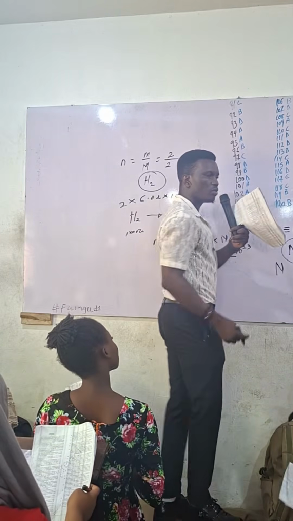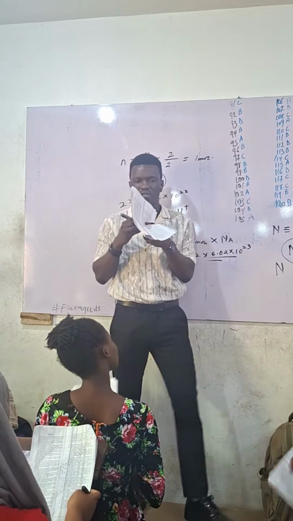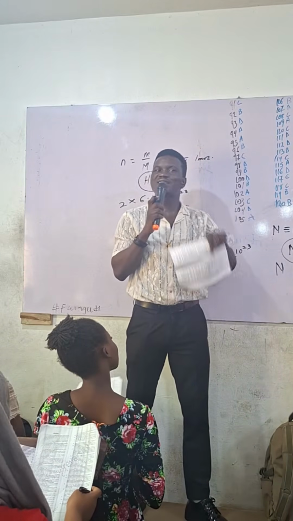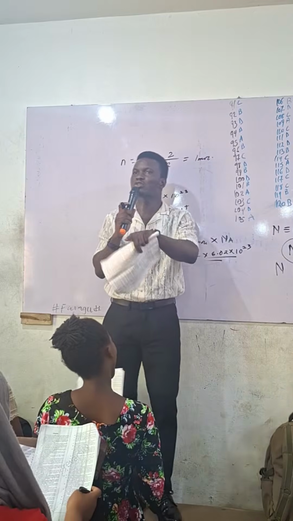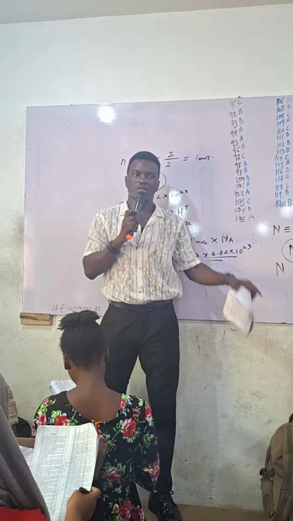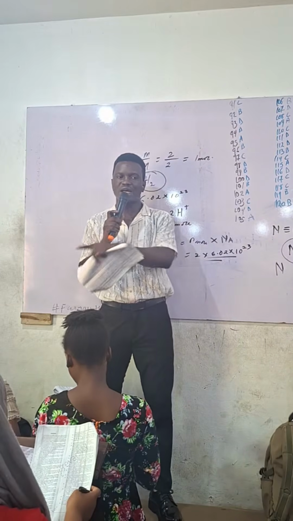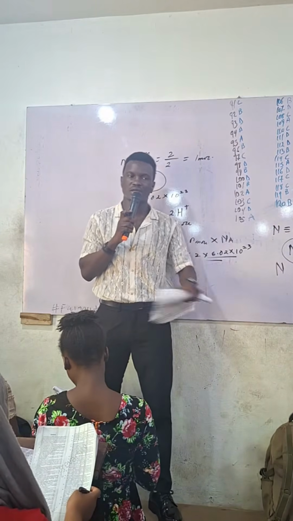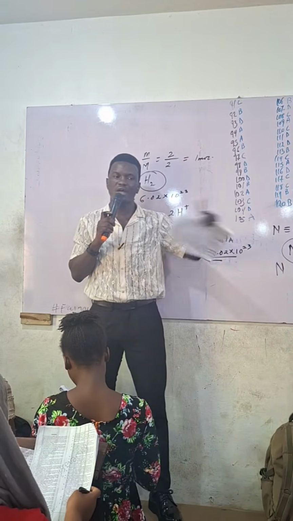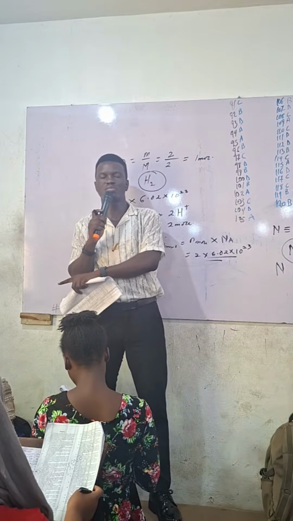But when I taught you, was I the one that taught you chemical bonding? I said there's a bond between atoms, and there are bonds between molecules. The bonds between atoms are the interatomic bonds, the ionic, covalent, and all. But the ones between molecules are the van der Waals forces and hydrogen bonds.